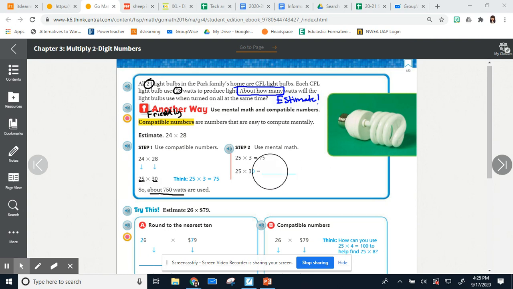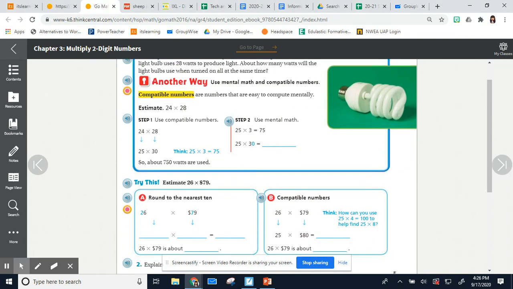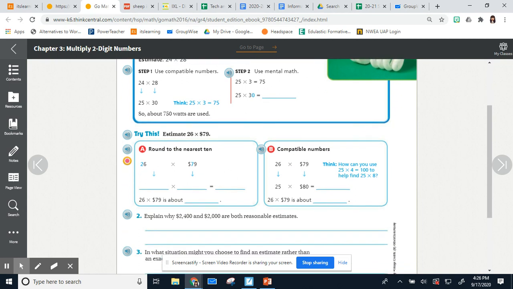Okay, so let's look at a few more examples of rounding or compatible numbers. On the Try This problem here, we're going to round to the nearest 10. We are estimating 26 times $79.